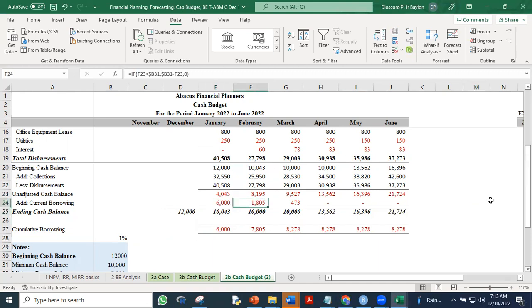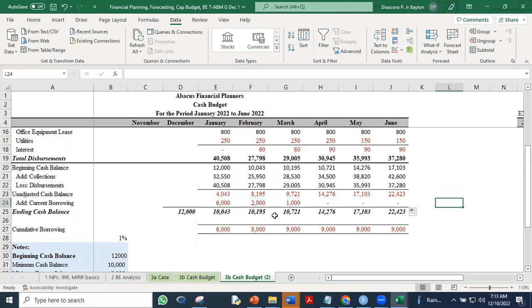For this, the unadjusted cash balance is 8195, right? So we will have to borrow here. And how much do we borrow? Same thing, 10,000 minus 8195. But we can just copy this formula because we already placed here a ceiling. Copy this to the right. There. And notice the borrowing is in increments of 1,000.